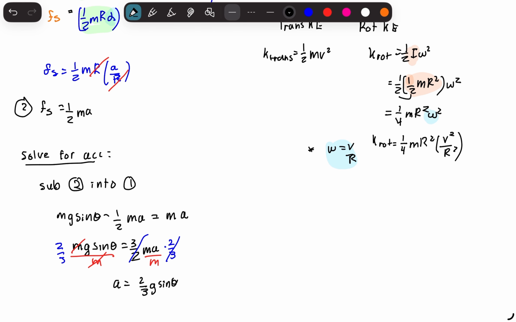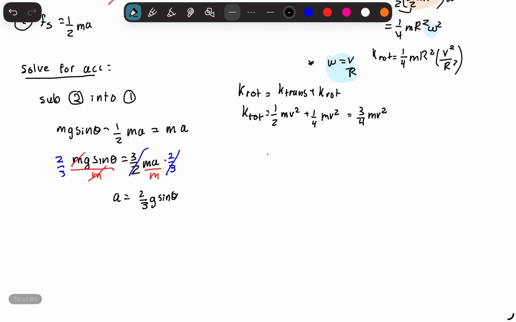Now after this, we can find our total kinetic energy, which is K trans plus K rotational: 1/2 mv squared plus 1 over 4 mv squared, which is 3 over 4 mv squared.